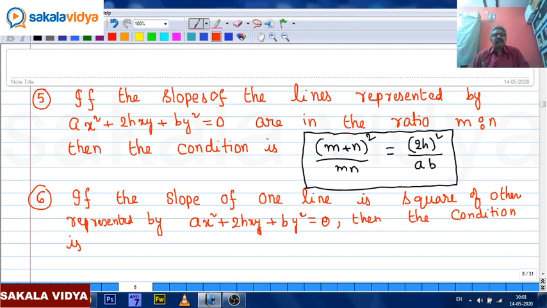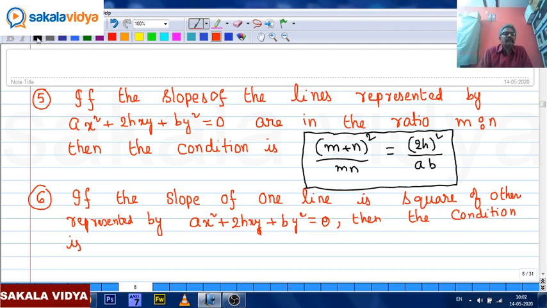That means if one slope is the square of the other, for example, if the slope of one line is m, the other slope will be m square. If m and m square are the slopes of the lines represented by ax square plus 2hxy plus by square is equal to 0, then what is the condition? It needs to be remembered.